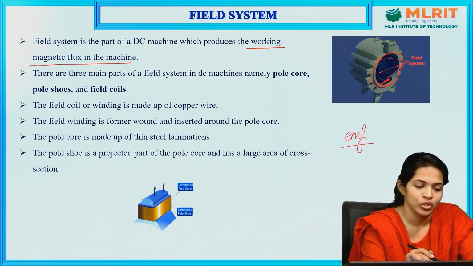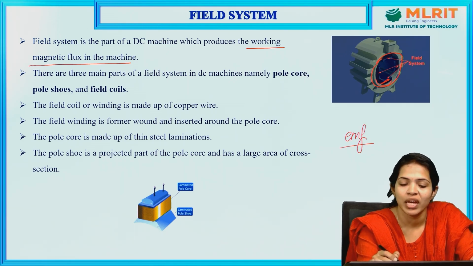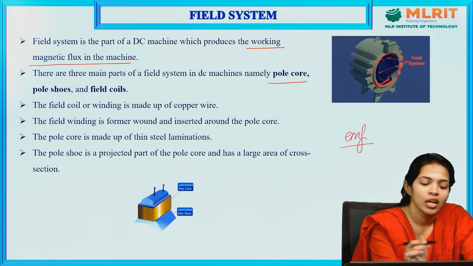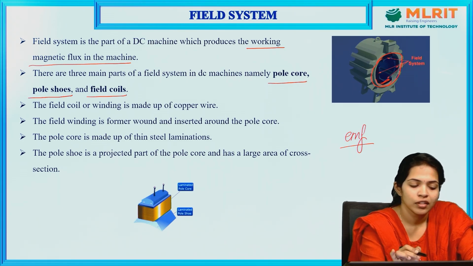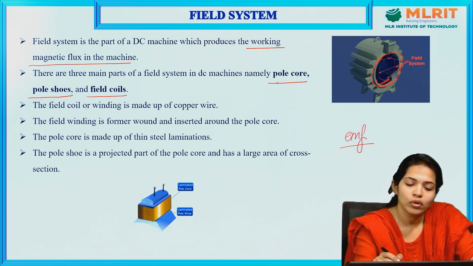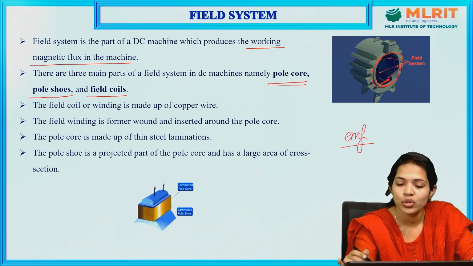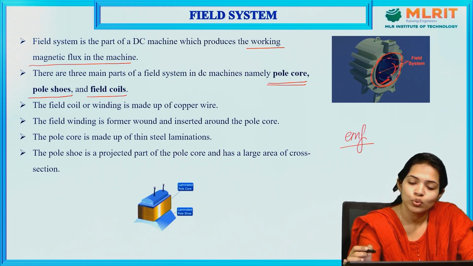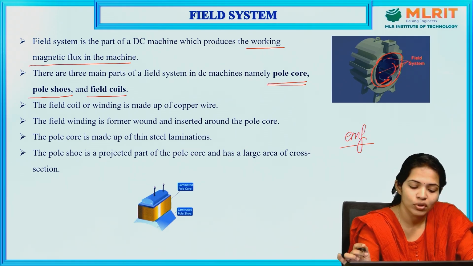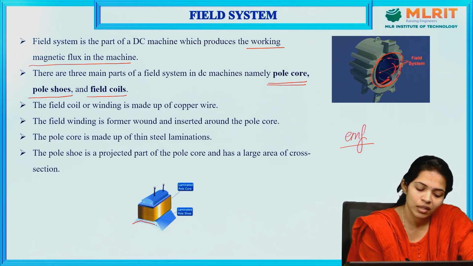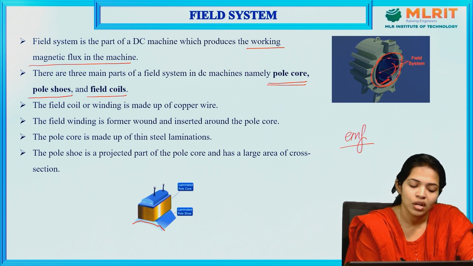in the DC machine. So there are basically three main parts in the field system: pole shoes, pole core, and field coils. Pole core is nothing but the actual electromagnets used in the DC machine. Pole shoes are nothing but the extended outer structures to support your pole core, and the field windings are wound on your pole core.